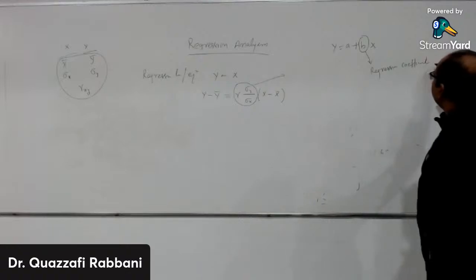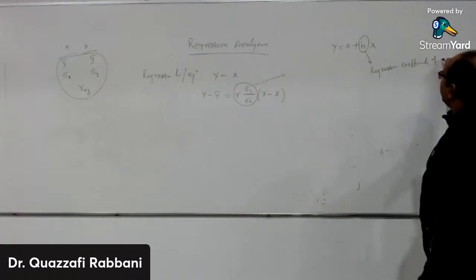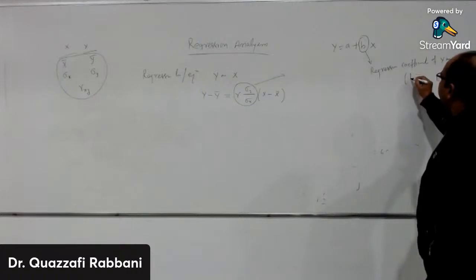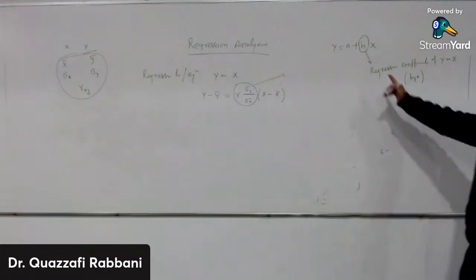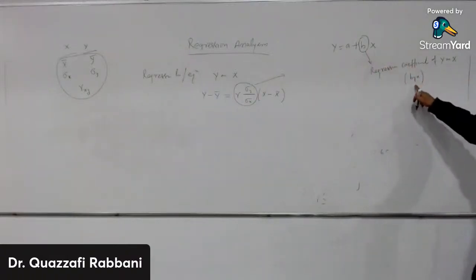Regression coefficient of y on x, and this can also be denoted by b with suffix yx, byx, meaning regression coefficient y on x.